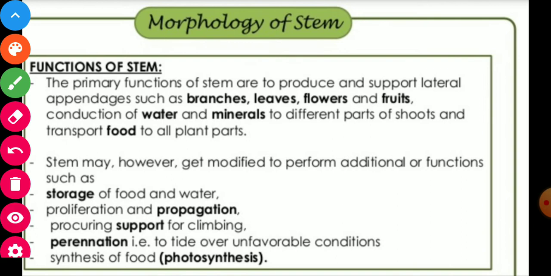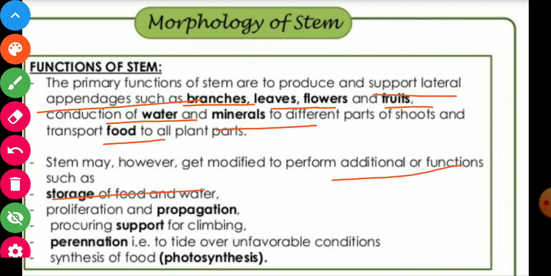The functions: the primary function of the stem is to produce and support lateral appendages, branches, leaves, flowers and fruits, and conduct water and minerals throughout the plant and food also. Stem may however get modified to perform additional functions like storage of food, vegetative propagation, support, pollination and photosynthesis.